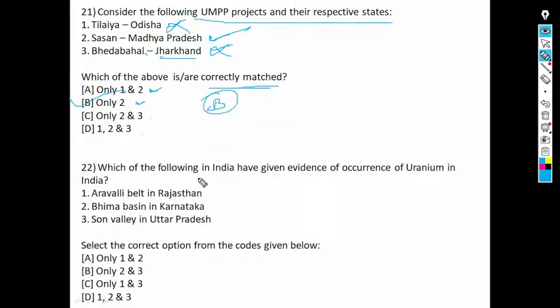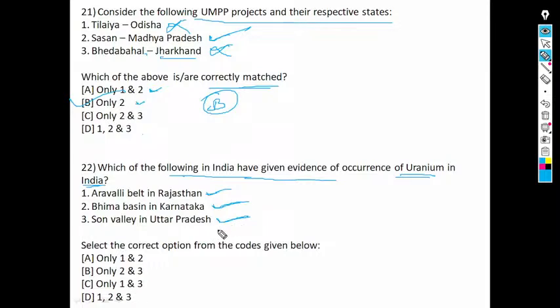Which of the following in India have given evidence of occurrence of uranium? Aravalli belt in Rajasthan, Bhima Basin in Karnataka, and Son Valley in Uttar Pradesh.